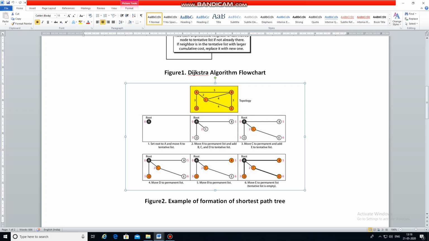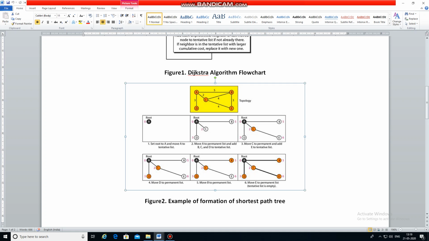If you take A to C, the weightage of the link is 2. If you take A to D, the weightage of the link is 3, right? Similarly, A is not connected to E, so we take the weightage as infinity, right?